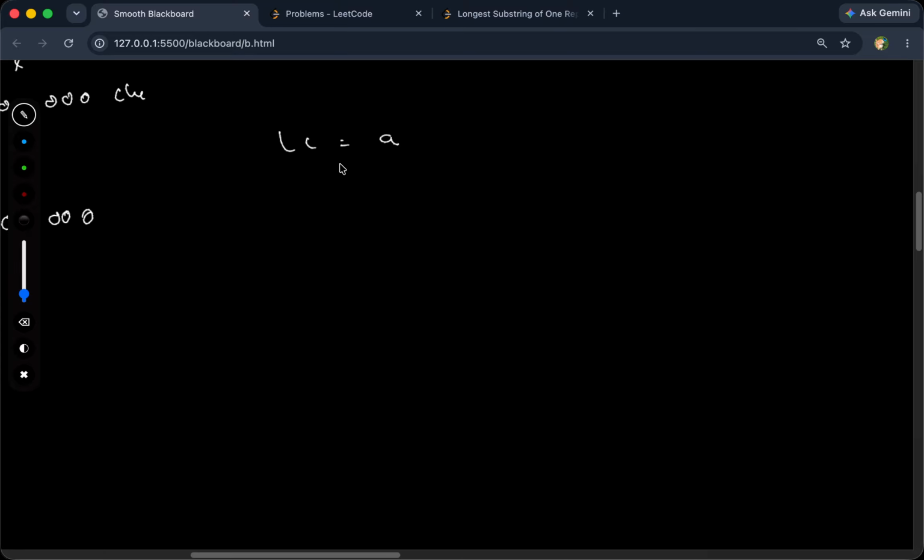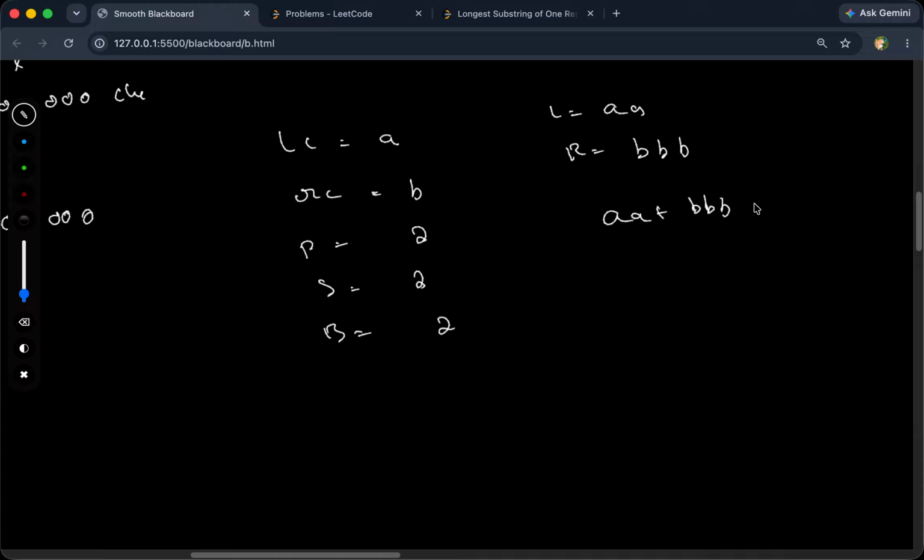Left character A, right character B, prefix 2 and suffix 2, and the best is 2. Okay, now comes the important idea. Suppose left is A and right is B B B. If we combine them, A plus B B B, the answer is 3.